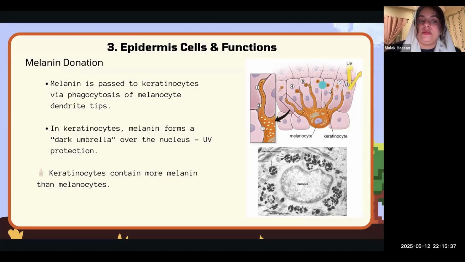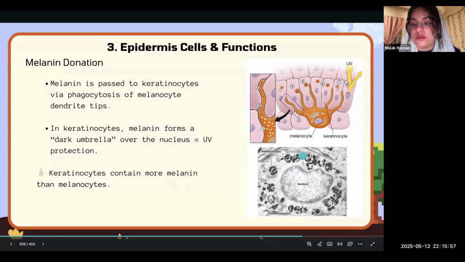So the melanin goes into each of the keratinocytes and it just exists in there. In the keratinocytes, the melanin will form a dark umbrella over the nucleus, and this protects the nucleus from UV. And keratinocytes will contain more melanin than melanocytes themselves. Okay, so these are the melanosomes. They're going around the nucleus, making kind of an umbrella.